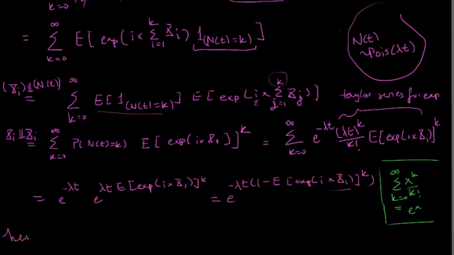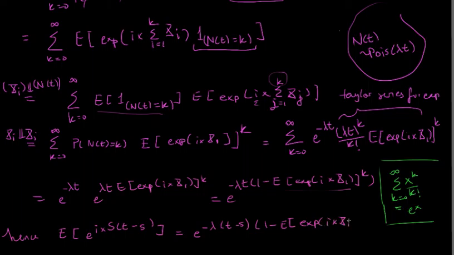So hence, the characteristic function for S(t) minus S(s) is equal to e to the minus lambda (t minus s) multiplied by 1 minus the mean value of exp(i x X1) to the k.